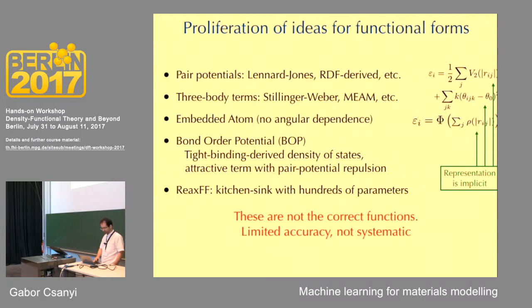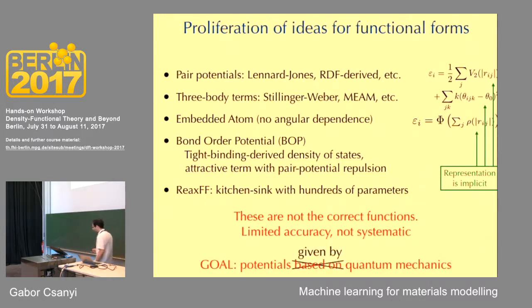There's nothing you can do within that approach. So what we're trying to do by using machine learning is to have a potential that is given by quantum mechanics, not just based on. Okay, so there is a quantum mechanical potential energy surface out there, for example, a DFT one. Can we construct a scheme, a framework in which we can approach that systematically?